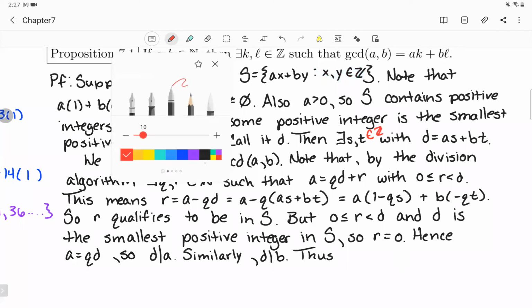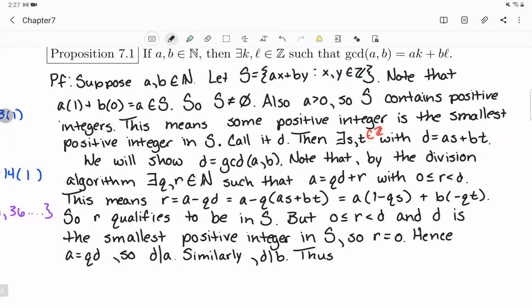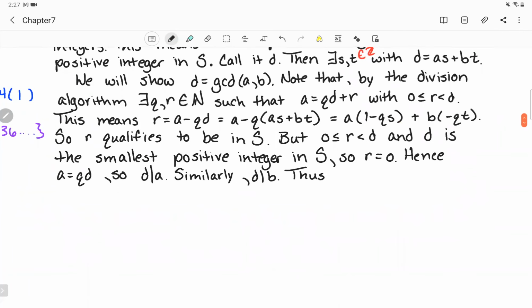Okay. Thank you. All right, so we showed D divides A and D divides B, thus D is a common divisor of A and B. What's left to show?